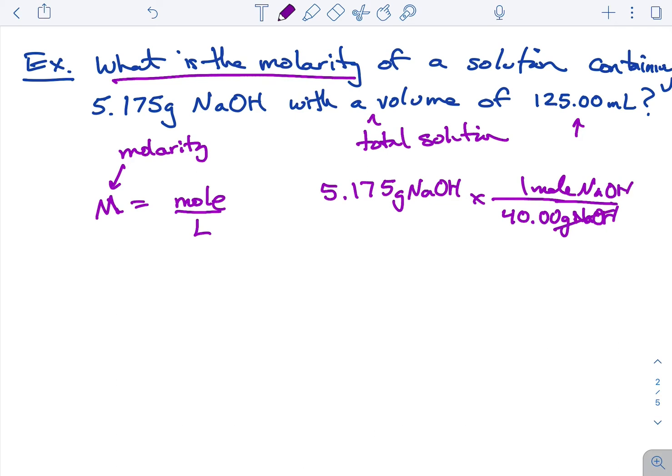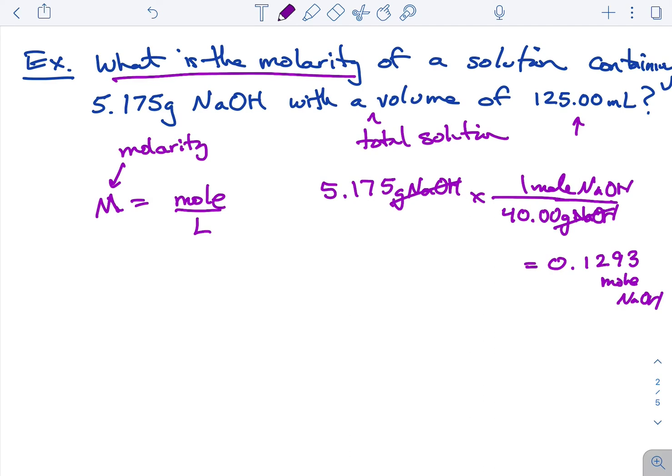And that's all we need. We don't need any other steps, just get grams into moles. So 5.175 divided by 40.00 comes out to be 0.1293 moles of sodium hydroxide. That's the numerator, so we're good there.